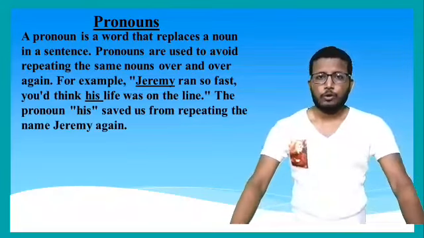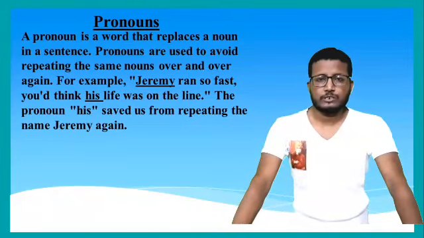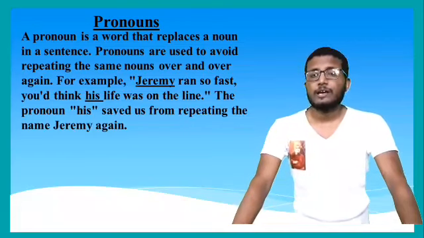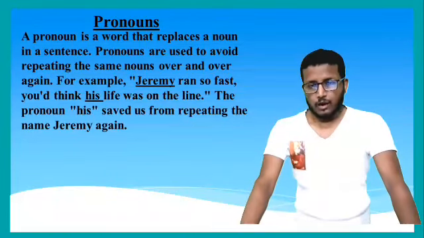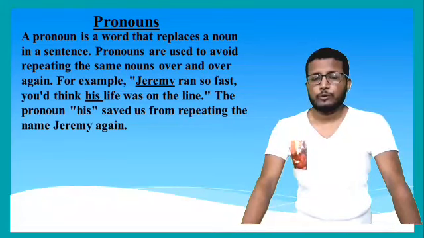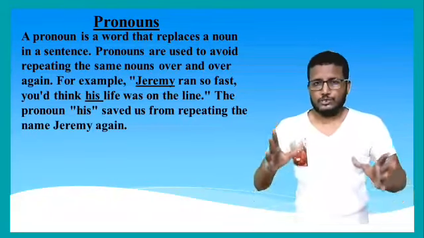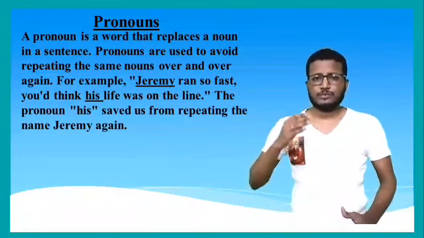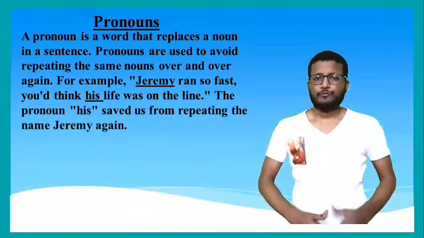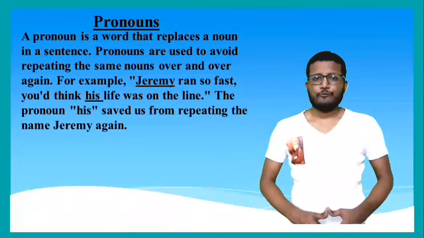In the place of the noun Jeremy, we use a new word, that is his. This new word is called a pronoun. So here we got a clear picture about pronoun. A pronoun is a substitute word for a noun. For a boy we say he, and for a girl we say she.